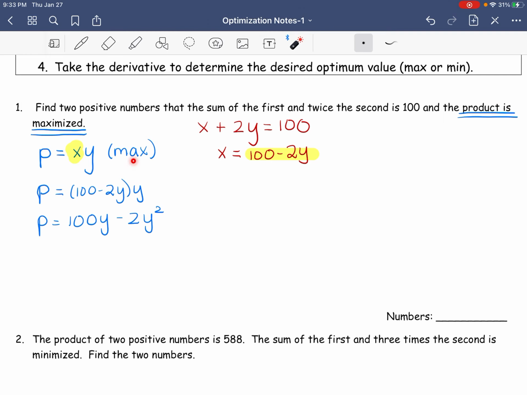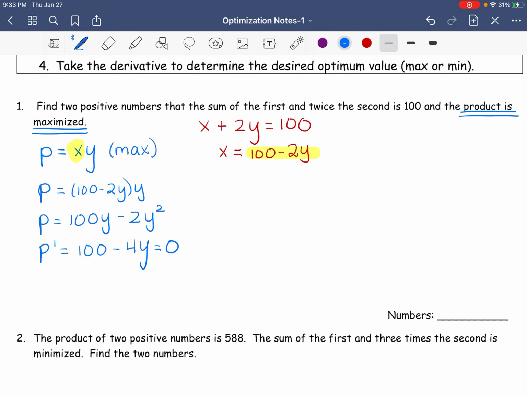Now think back to last unit. When you take a max or a min, you must take the derivative. So I'm going to take the derivative of this, P prime. My derivative is going to be 100 minus 4y. And to find a max or min, I am going to set this equal to 0.